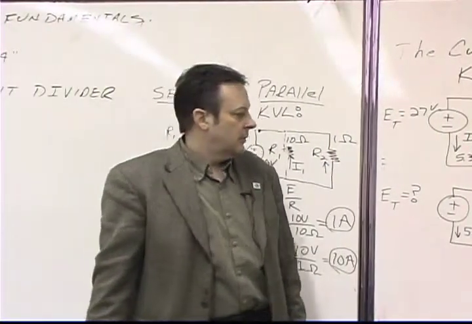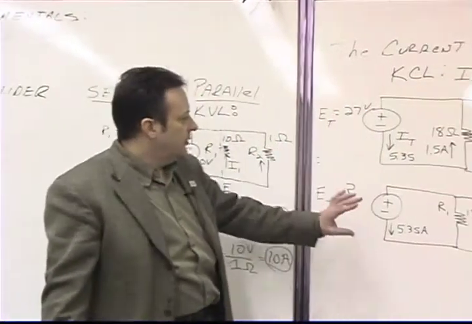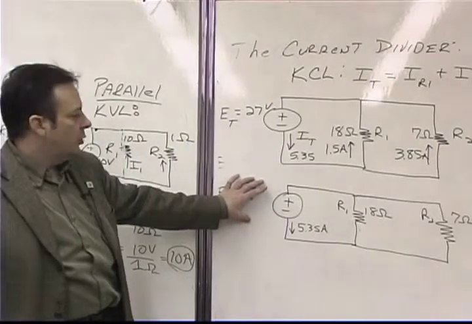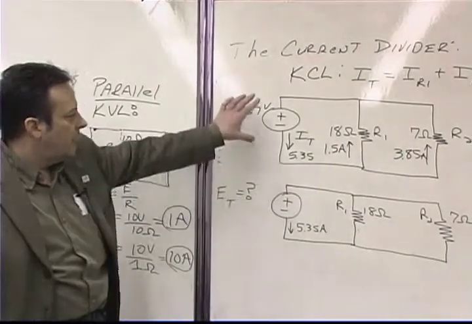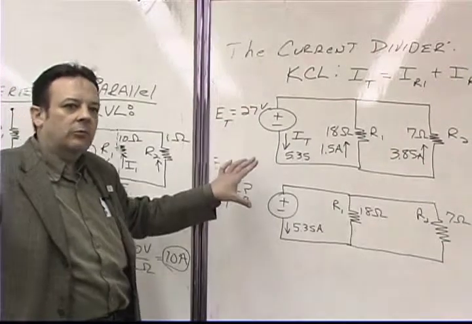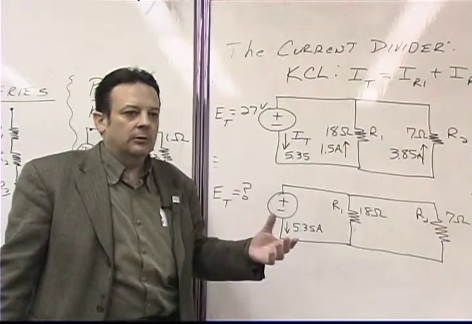Okay? Now, obviously, if we knew the voltage, and we're making this problem up from a problem where we do know the voltage, but we're pretending like we don't know the voltage for the sake of learning the current divider formula.